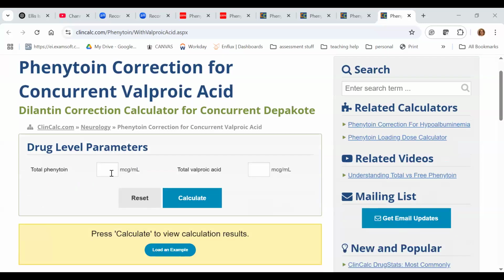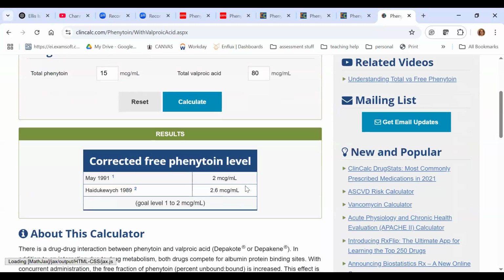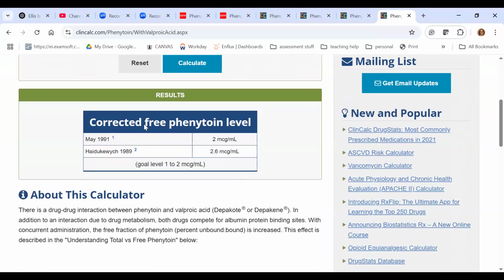So our phenytoin level was 15 and our valproic acid was 80. And we can click calculate. And our corrected free phenytoin level, remember, it's phenytoin is 10% free and the total therapeutic range is 10 to 20. So the free therapeutic range is 1 to 2.